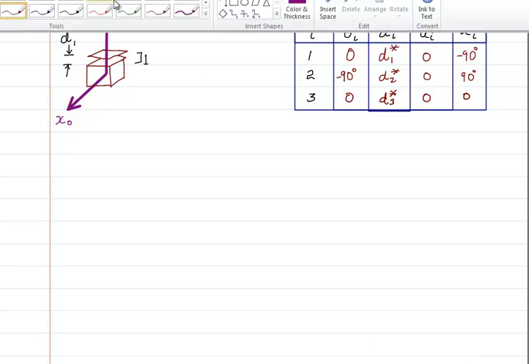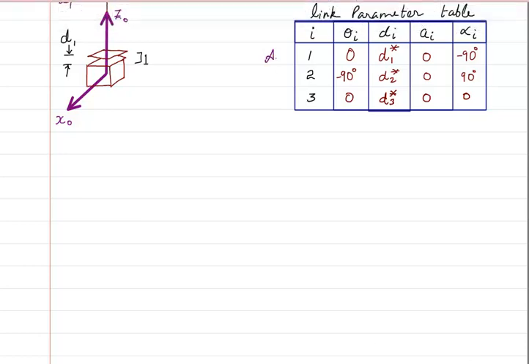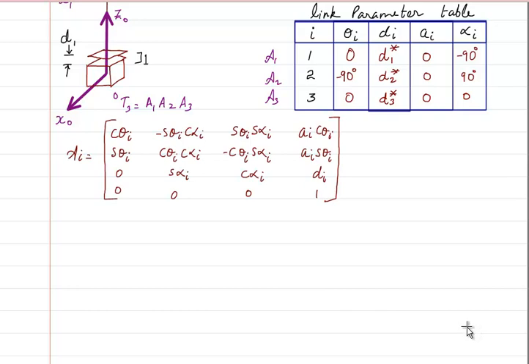So here I can write that this is going to be my A1, this is going to be my A2, and this is going to be my A3, and my transformation matrix, which links frame 3 to 0, I can write as A1 into A2 into A3. And based on that, I can first write what A1 is. For that, we all know that we have to take the equation. So the equation is going to be this one.